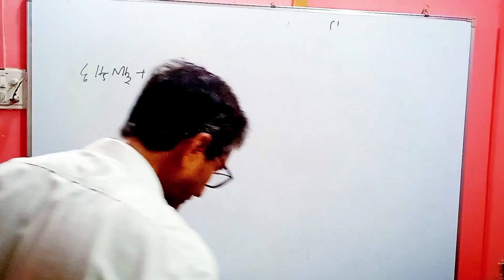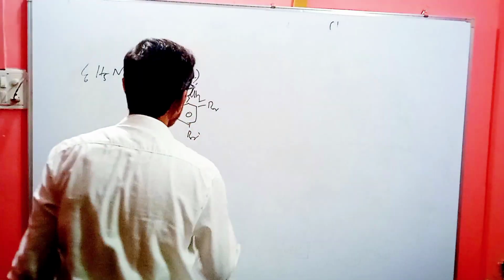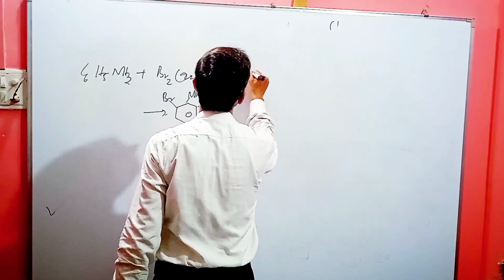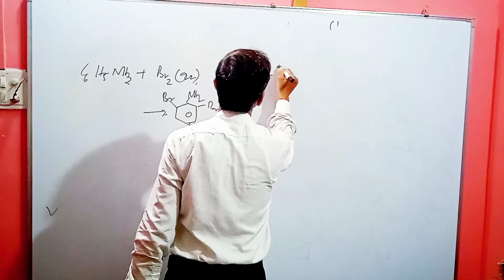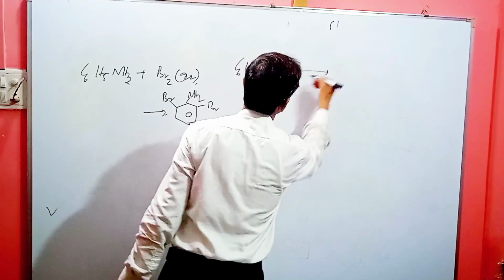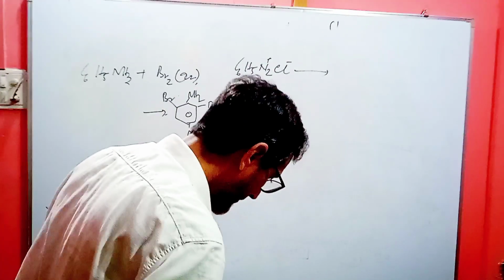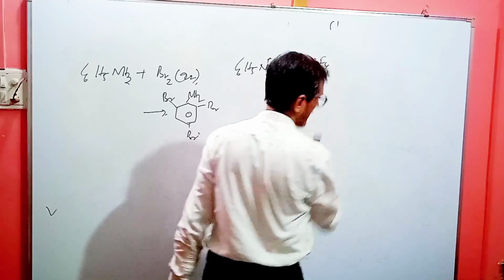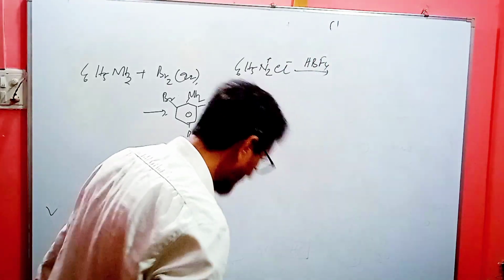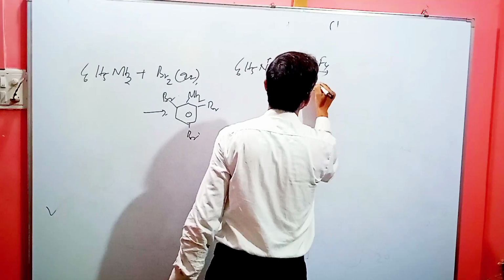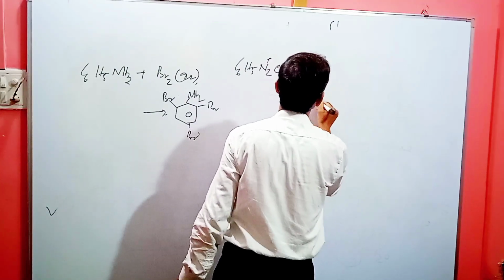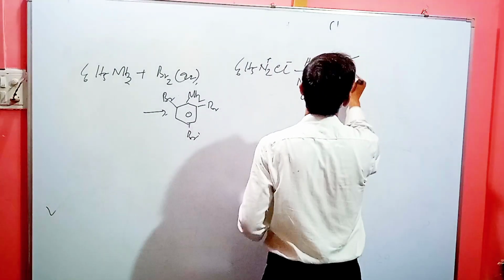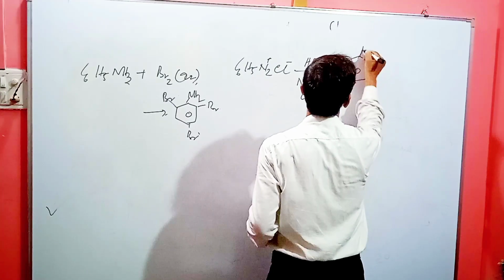Next one is benzene diazonium chloride, C6H5N2Cl, with HBF4, NaNO2 and copper, heat. Very simple. The answer is nitrobenzene.